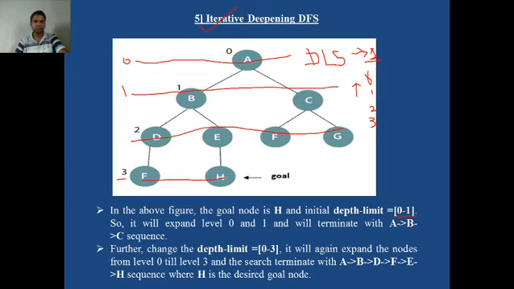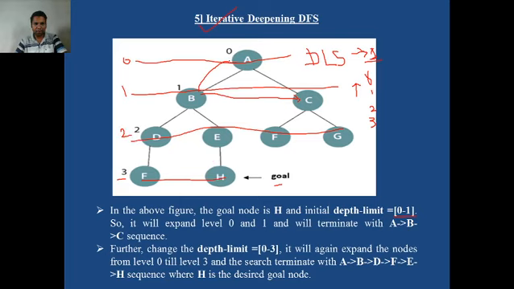So initially the depth limit is set to 0 to 1, therefore A is expanded, or you can say explored, and B, then the searching moves to C. During this path no goal node is obtained. That's why the depth limit is now increased from 1 to 2.